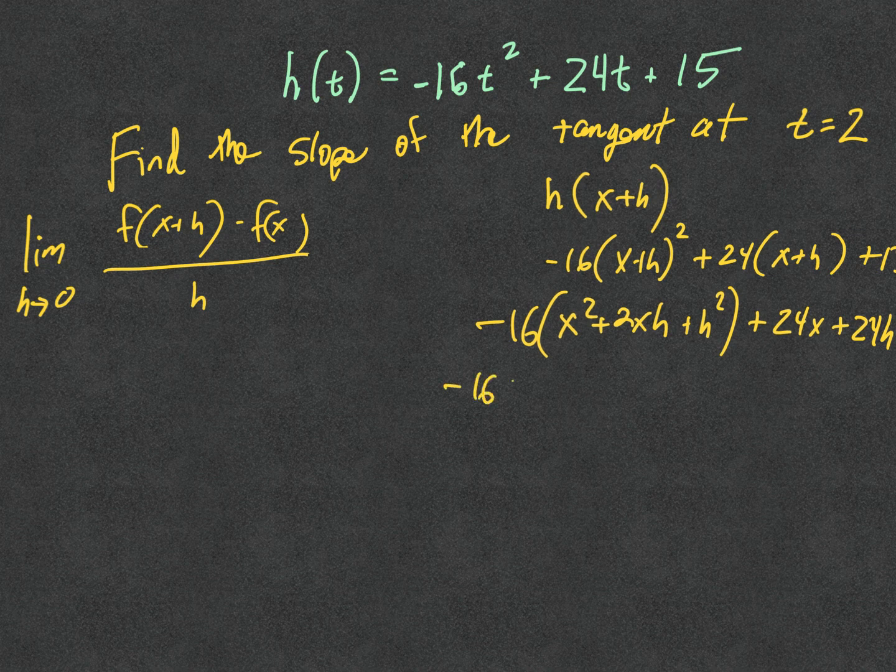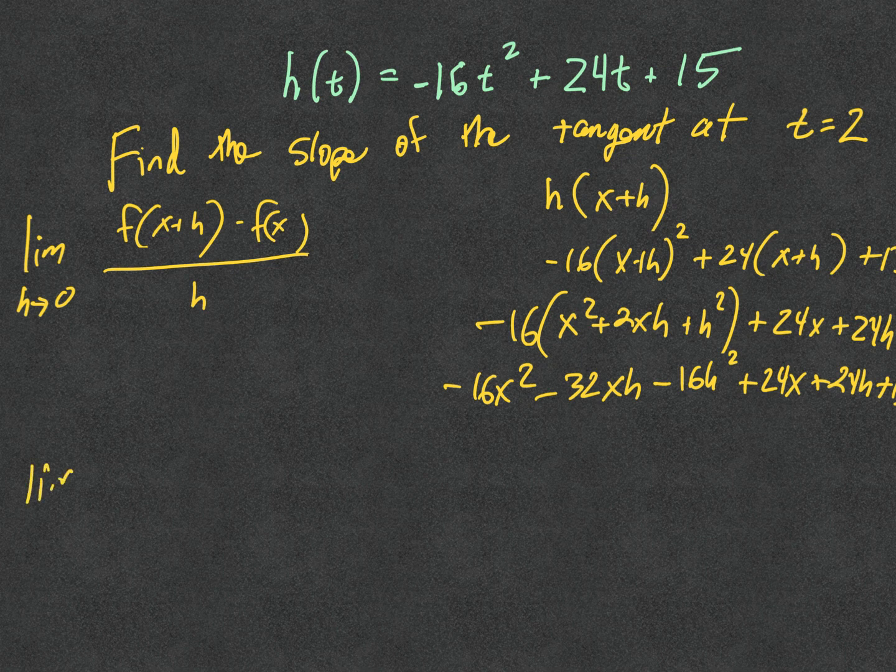Or negative 16x squared minus 32xh minus 16h squared plus 24x plus 24h plus 15. If I look in there, this is x squareds, xh's, x's, h's. There's nothing in here that can be combined. But that's my f of x plus h.